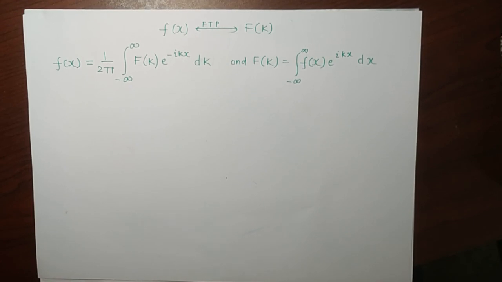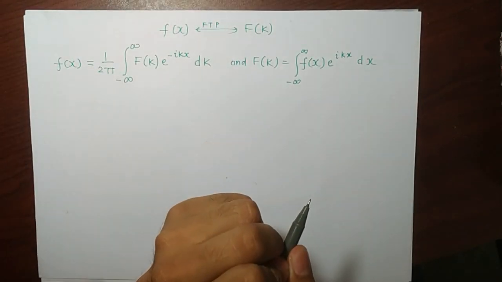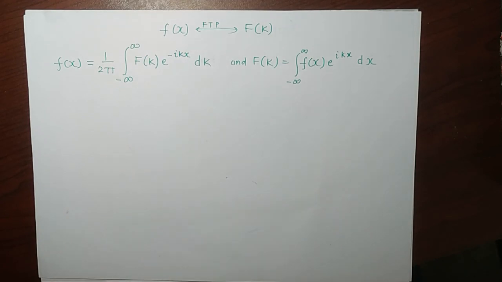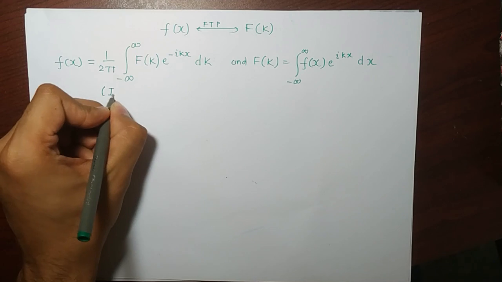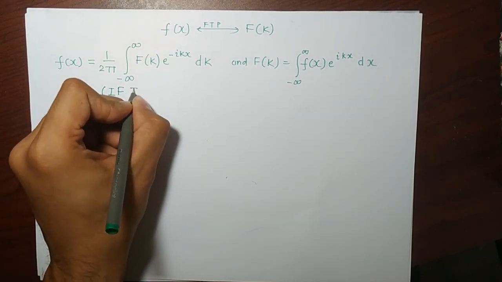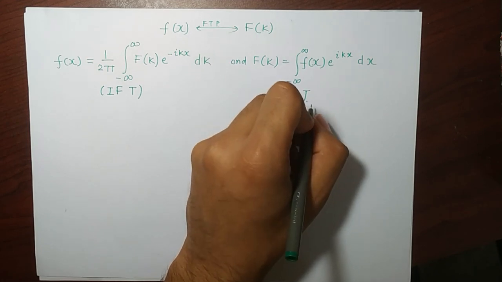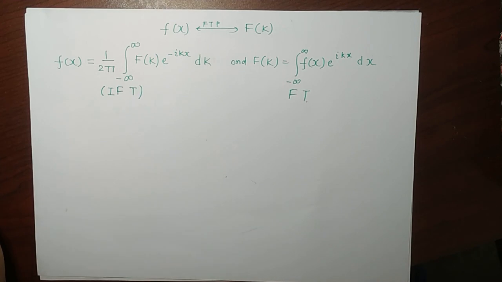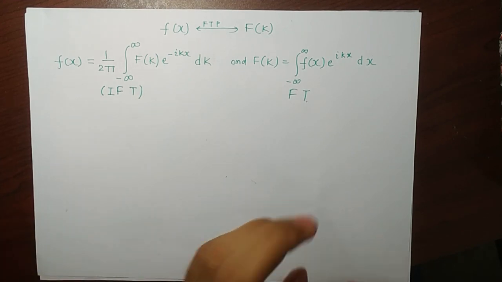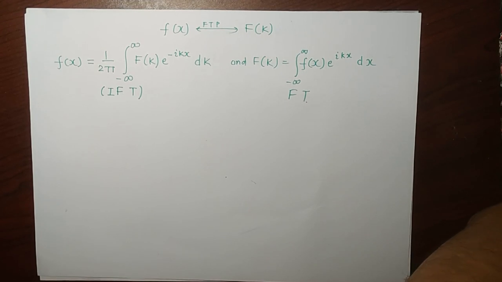So in the last video, we derived the Fourier transform and inverse Fourier transform formulas. So this is your inverse Fourier transform, and this is your Fourier transform. We derived it from the basics of the Fourier series, which Fourier himself had proposed to solve the heat equations.